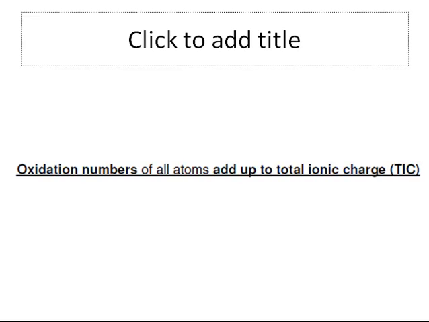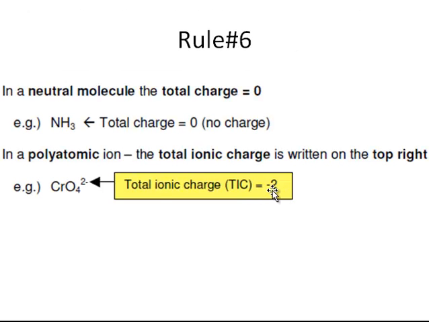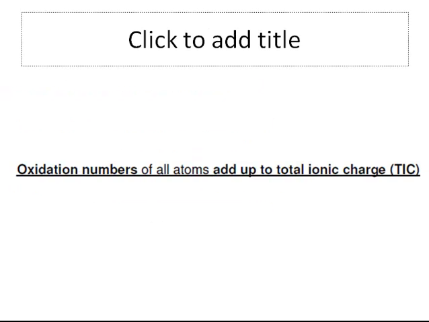So that's what I was talking about: the oxidation numbers of all atoms add up to the total ionic charge, which in this case is -2. So we keep in mind that the oxidation number of all atoms equals the total ionic charge.